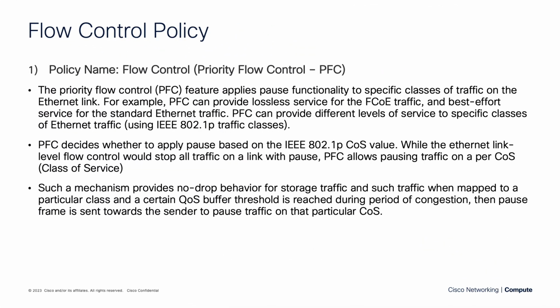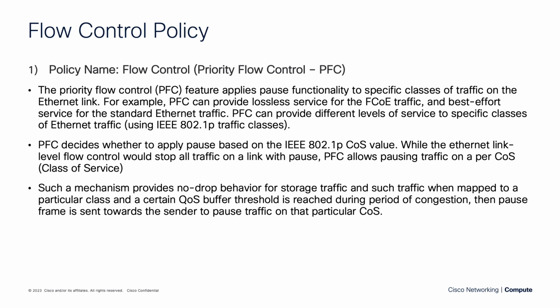Okay, so in talking about flow control policy, we probably ought to touch on a couple principles of flow control. And there's really two ways that you can handle flow control. One's priority flow control, in which case you're dictating the pause, no drop behavior per lane and class of service. So we're tying in and working with the overall system QoS policy.